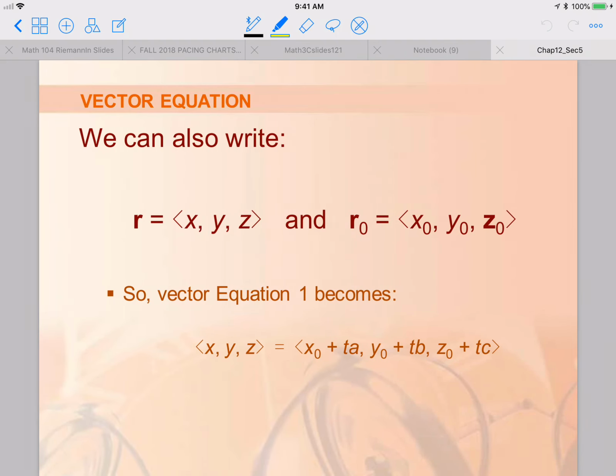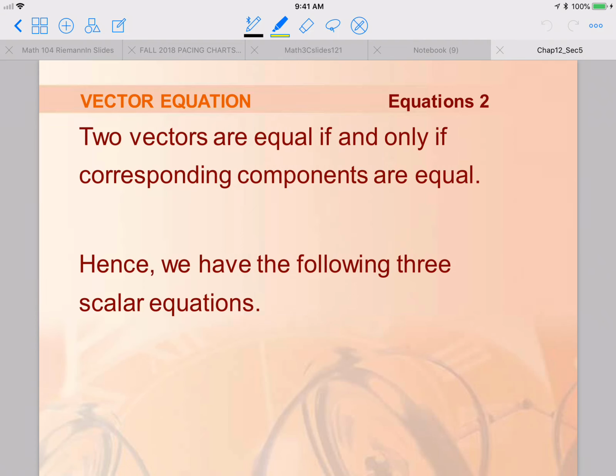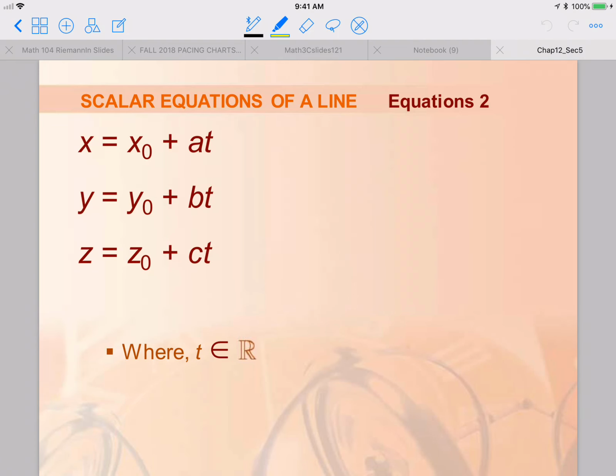Okay, so this is what we have right here. We're just writing down what we wrote on the page before. And this gives us another way to describe a line with equations. These are called the scalar equations. The first one that we had was a vector equation because the input was a parameter t, and the output was a vector.